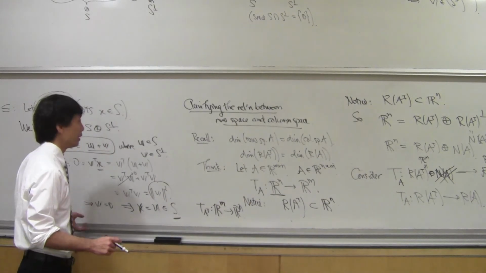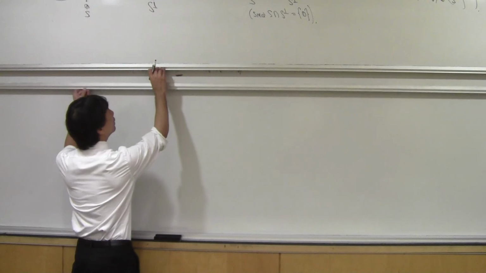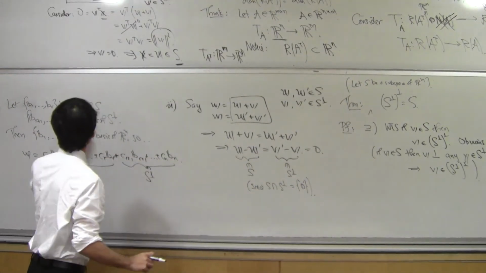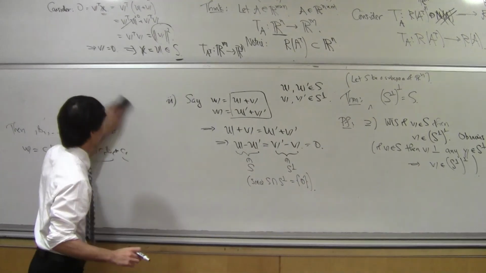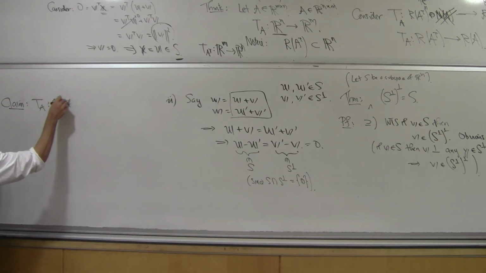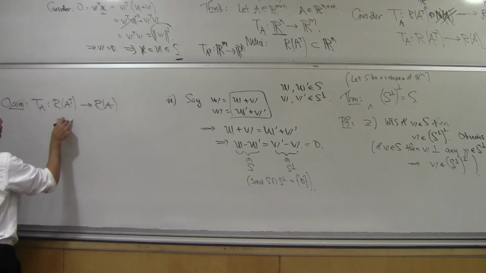Okay. So our claim is actually that T sub A going from the range of A transpose to the range of A is an isomorphism.